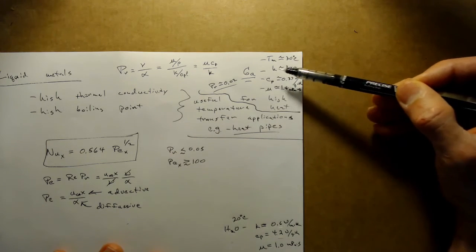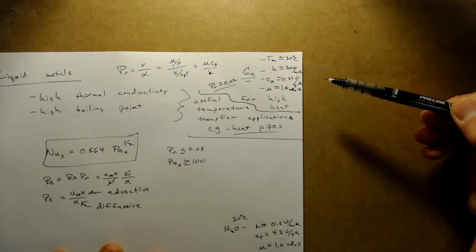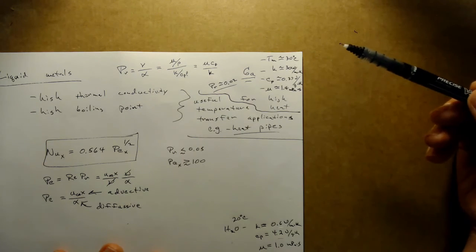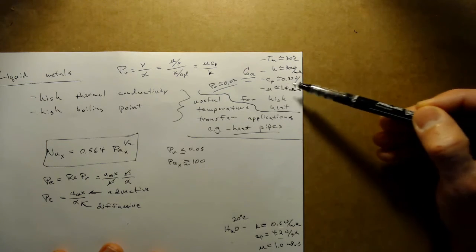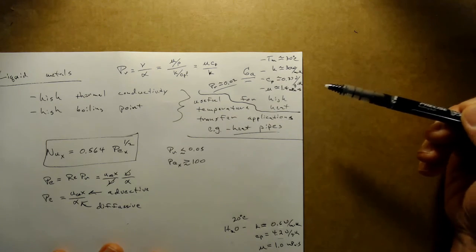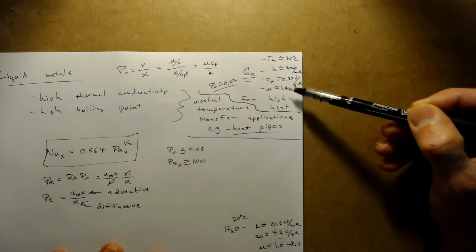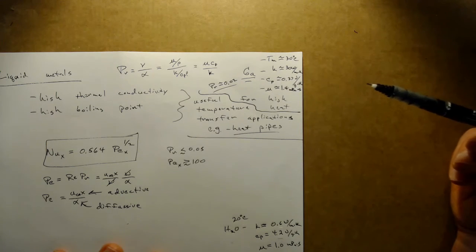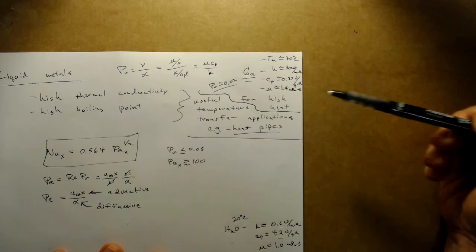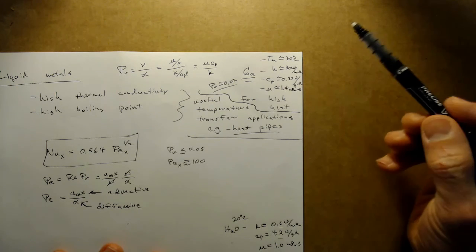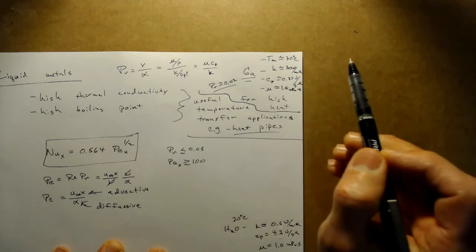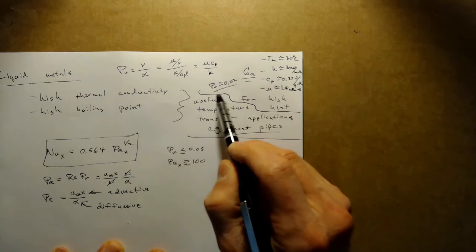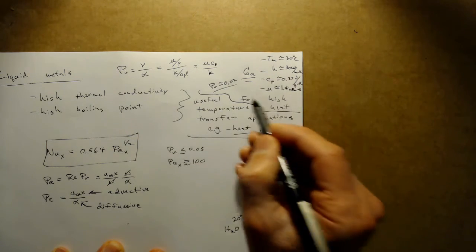And it has a thermal conductivity of about 30 watts per meter Kelvin, more similar to solid metals. And it has a specific heat of about 0.4 and a viscosity of about 1.4 millipascal seconds. So that gives us a Prandtl number of about 0.2.